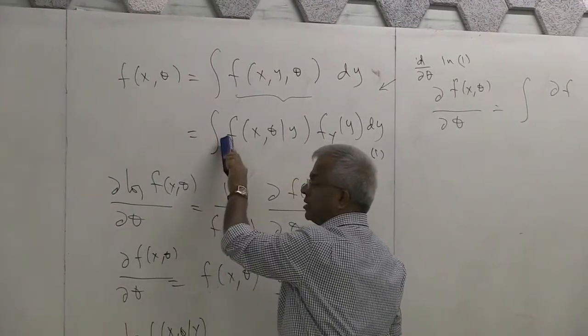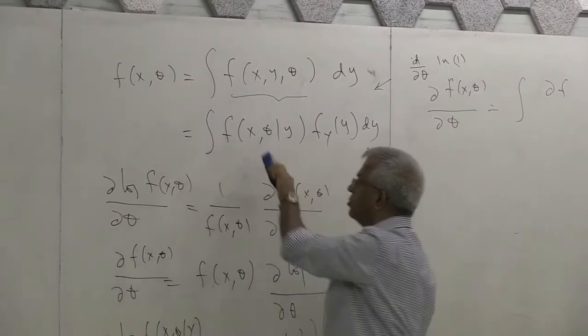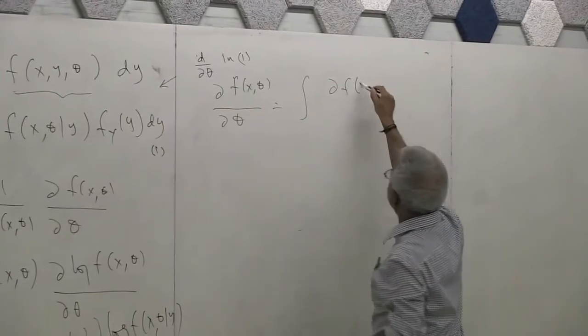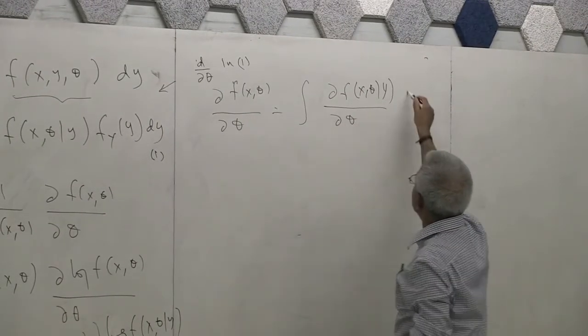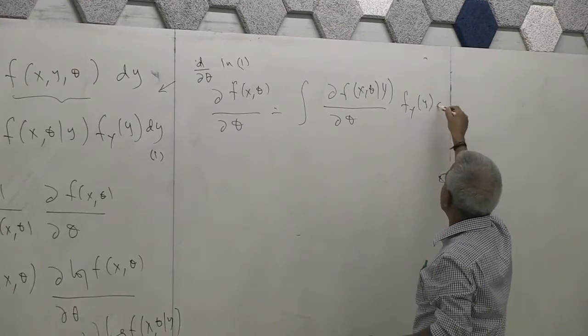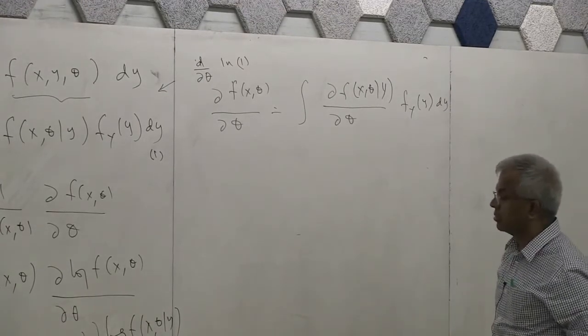I'm going to assume regularity condition 1 is true, so the derivative goes inside. I take the derivative of f of x comma theta given y. This much is true.